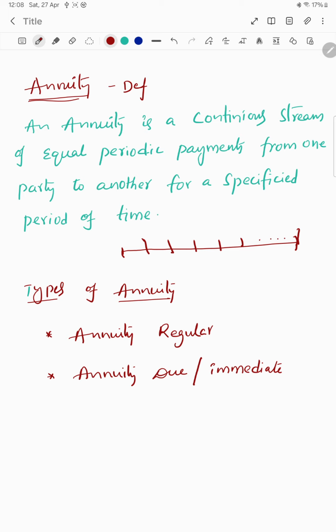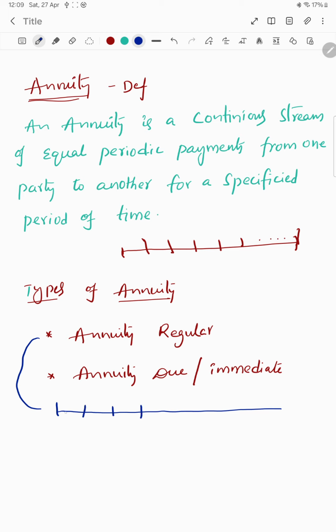Then there are two types of annuity. One is called annuity regular, another is called annuity due or immediate. What is meant by annuity regular, sir? It's very simple. Let's say the customer has taken money for a particular year.